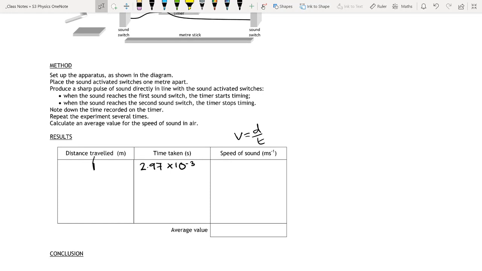So let's go 0.75 meters. Do you think it's going to take more time or less time? Yeah, it's got less far to travel. 2.12 times 10 to the minus 3.